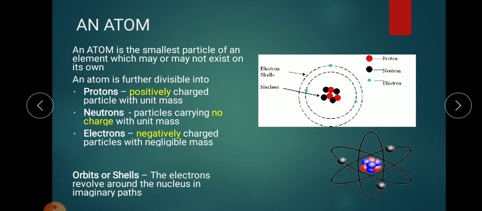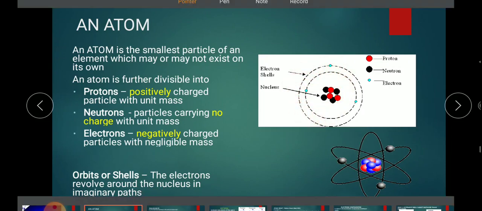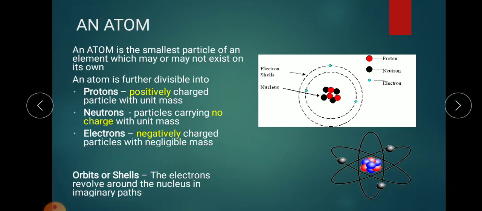The electrons revolve around the nucleus in imaginary paths. So outside the nucleus we have certain imaginary paths where the electron revolves, which we call orbits or shells.